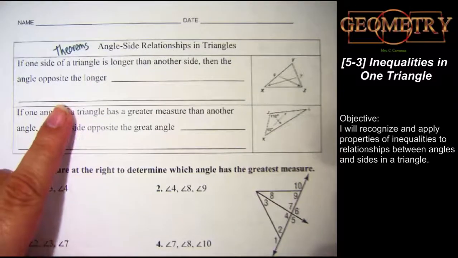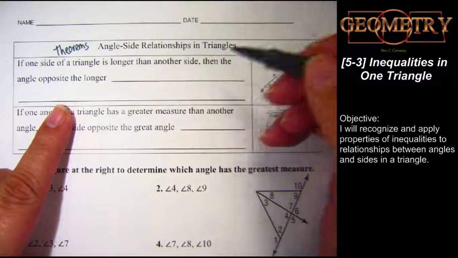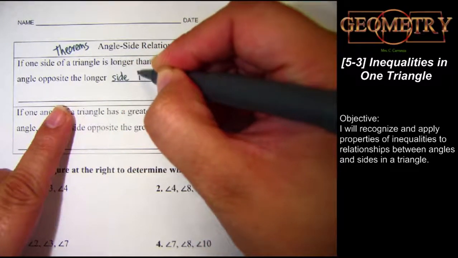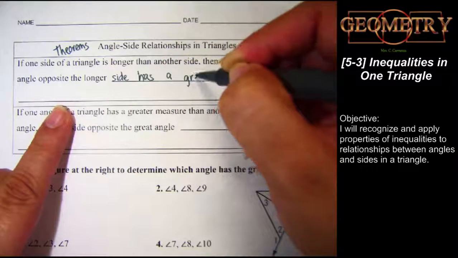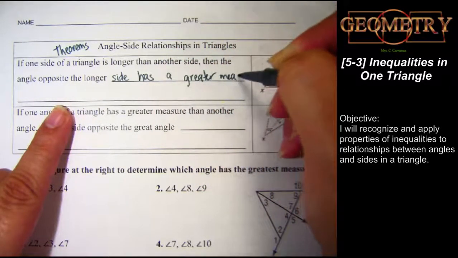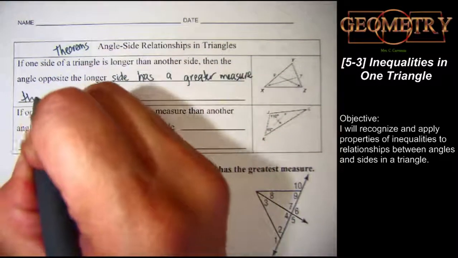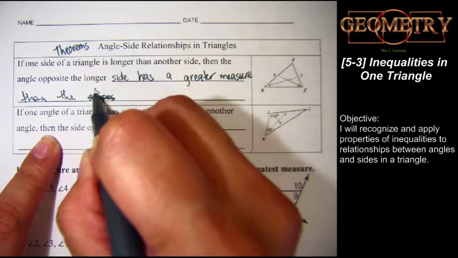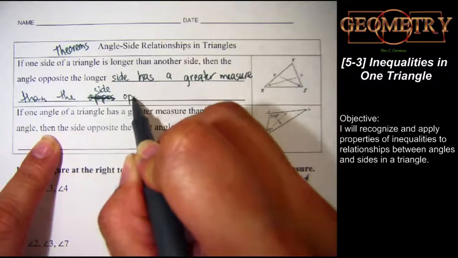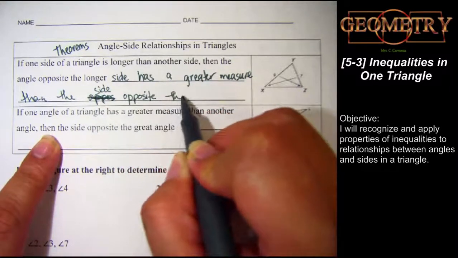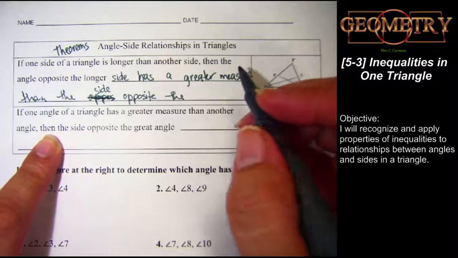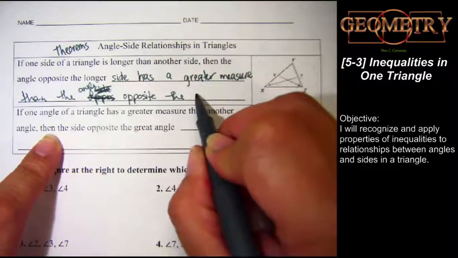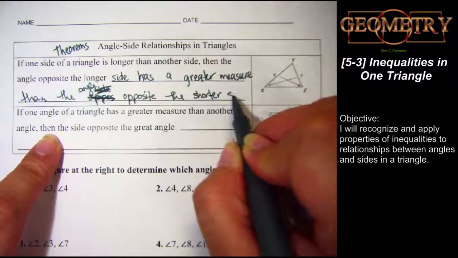The first one says this: if one side of a triangle is longer than another side, then the angle opposite the longer side has a greater measure than the angle opposite the shorter side.